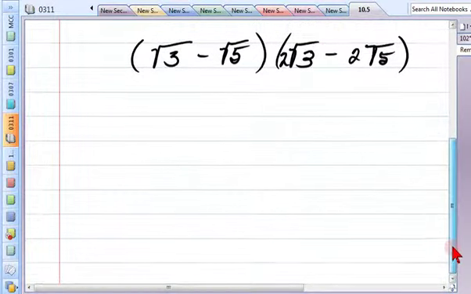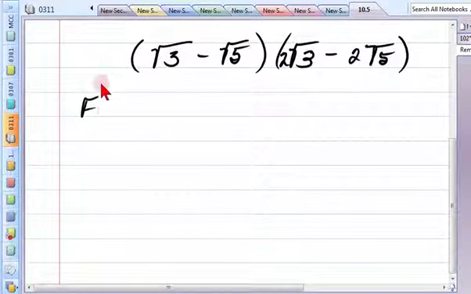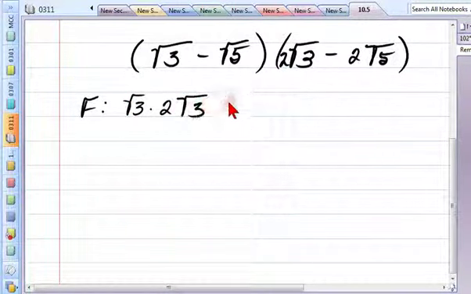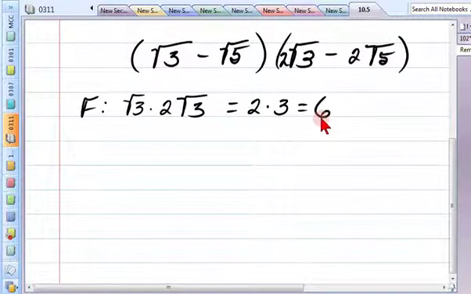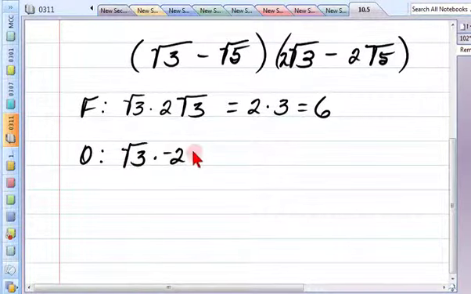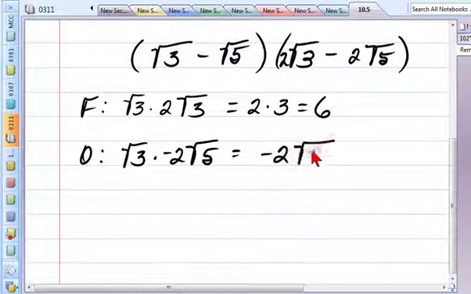And because I was fearful that it might be disorganized, I said, okay, let's do FOIL. Product of the firsts. That's square root of 3 times 2 square roots of 3, which gave me 2 times 3, or 6. Okay, this is from yesterday. Outer product, well, the outer product is the square root of 3 times negative 2 square root of 5. Okay, that's negative 2 square root of 15.